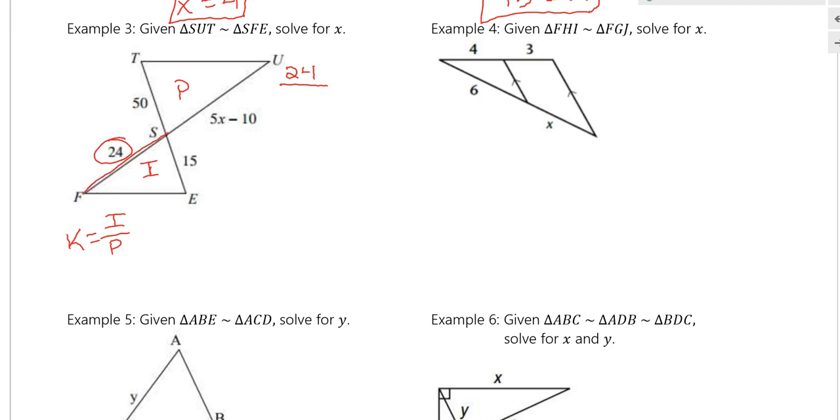That's S and U, this side. And then I get image over pre-image, so 15 over 50. Cross multiply.